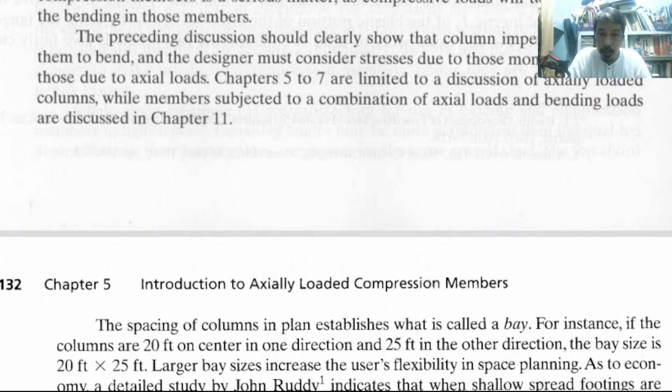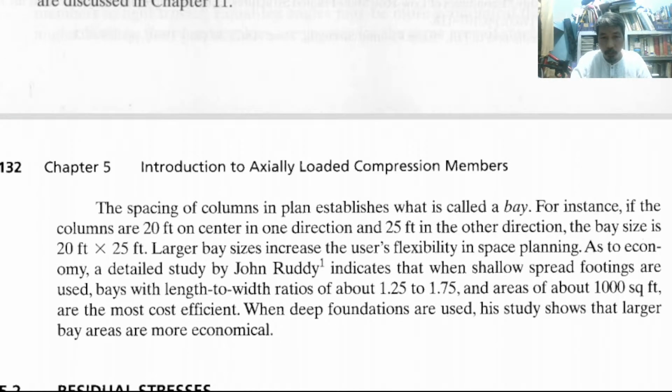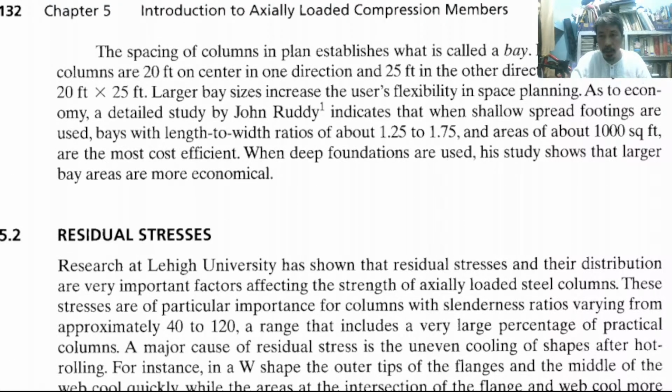So we have chapters 5 to 7 for columns. Imagine there are 3 chapters dedicated to columns. The spacing of columns in a plan establishes what is called a bay.